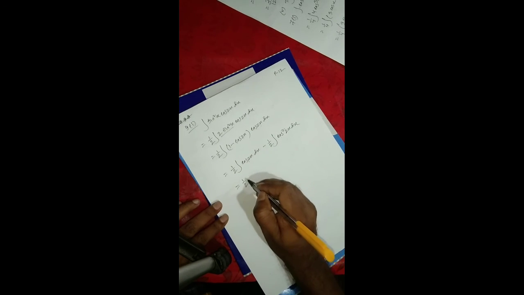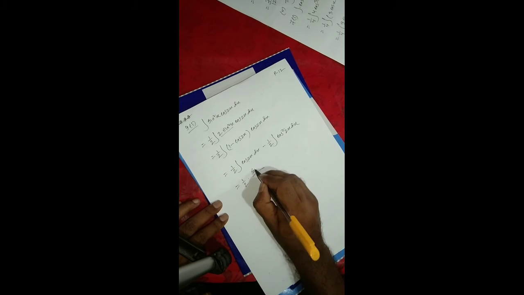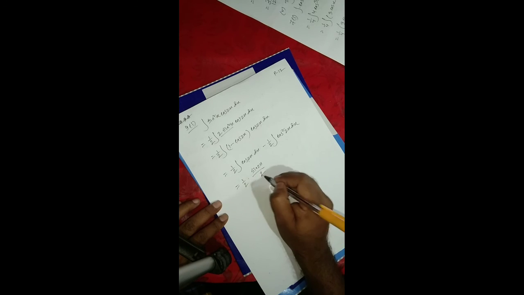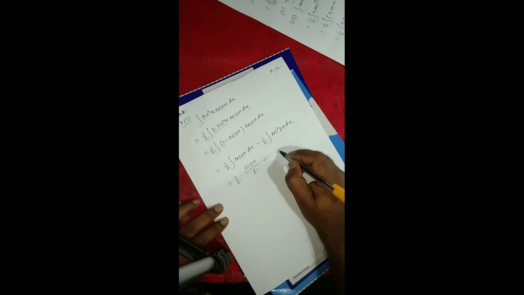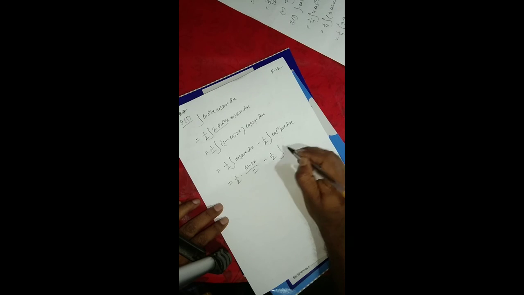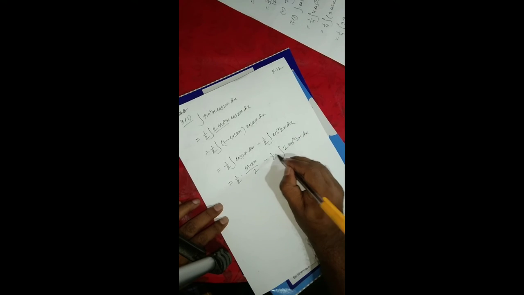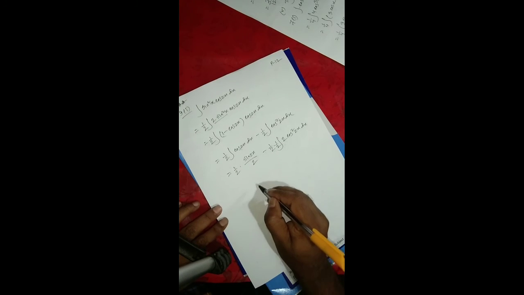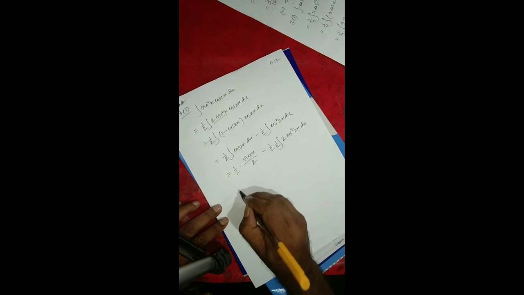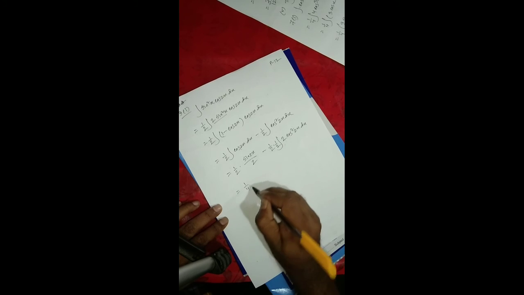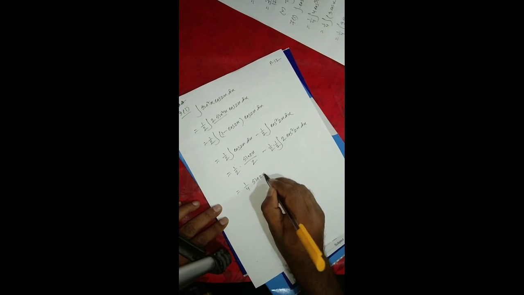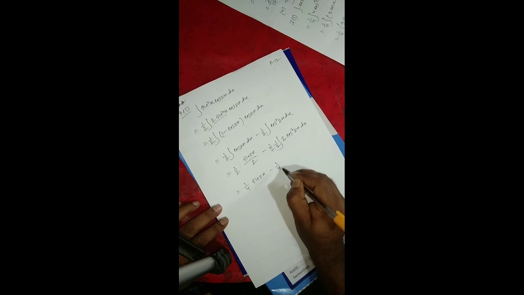1 by 2 sine of 2x by 2, integration of cos 2x is sin 2x by 2, minus 1 by 2. Now here cos square 2x, we take 2 cos square 2x. For this 2 we take half. Now 1 by 4 sine of 2x minus 1 by 4.